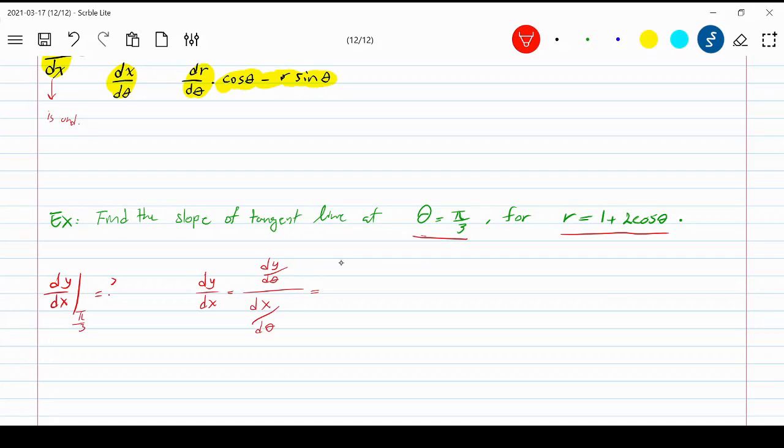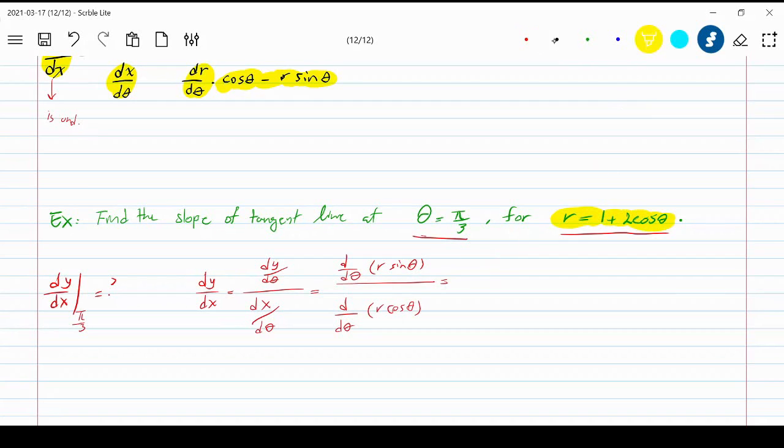What is y? y is r sine theta, and the denominator x is r cosine theta. But now r is given already as a function of theta.